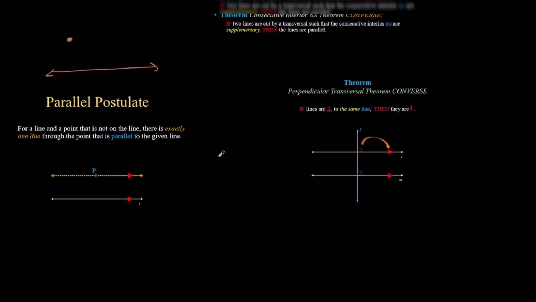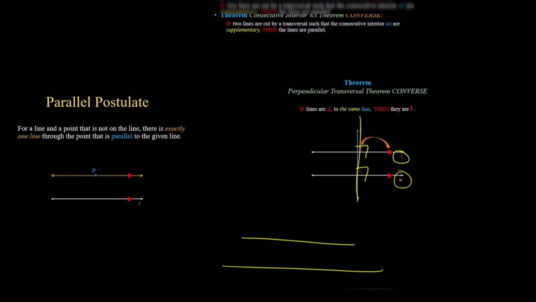And then finally, we had the perpendicular transversal theorem converse. This was another converse of a theorem that we had learned previously. Here, we are told that if two lines, L and M, are both perpendicular to the same line, like this, then from this given information, which is basically about the angles over here, we can conclude that these two original lines are parallel.